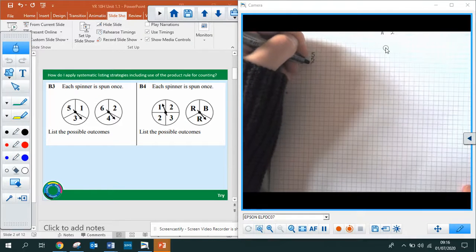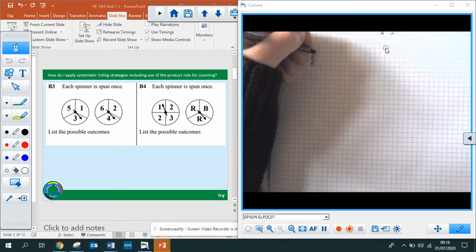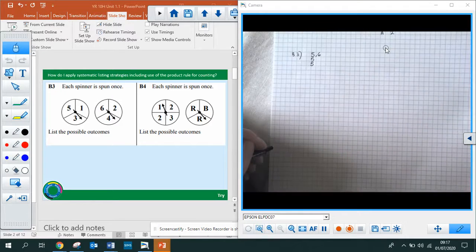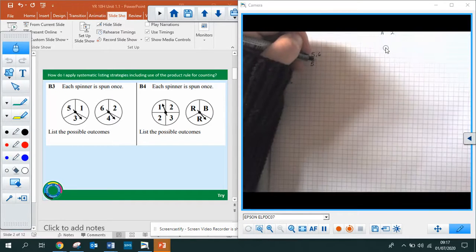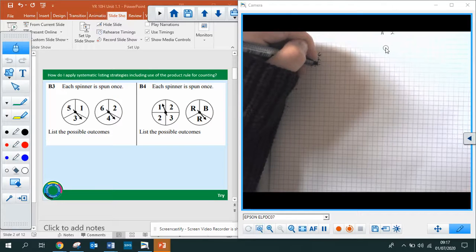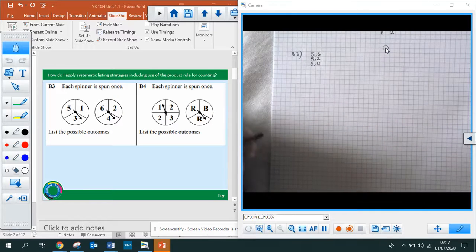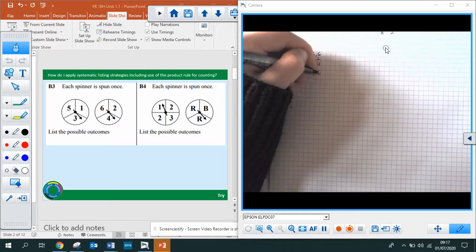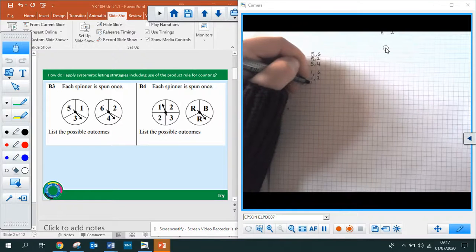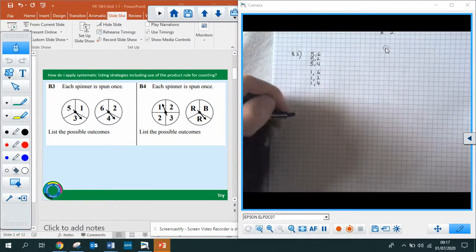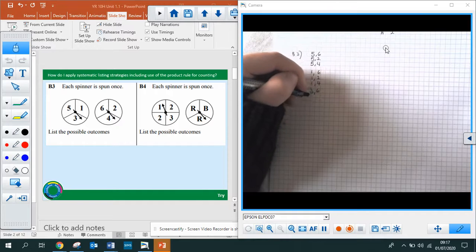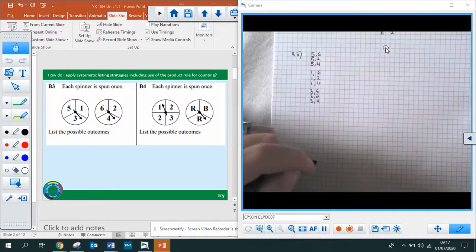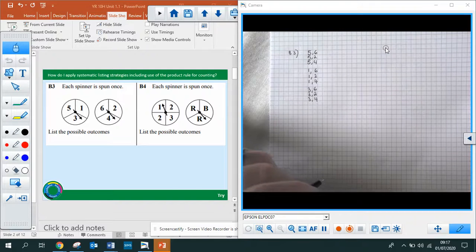So I've got 3 outcomes with 5. It's either going to be 5 and 6, 5 and 2, or 5 and 4. And the same goes with the other numbers. It's either going to be 1 and 6, 1 and 2, 1 and 4, or 3 and 6, 3 and 2, 3 and 4. And they're your possible outcomes for B3.